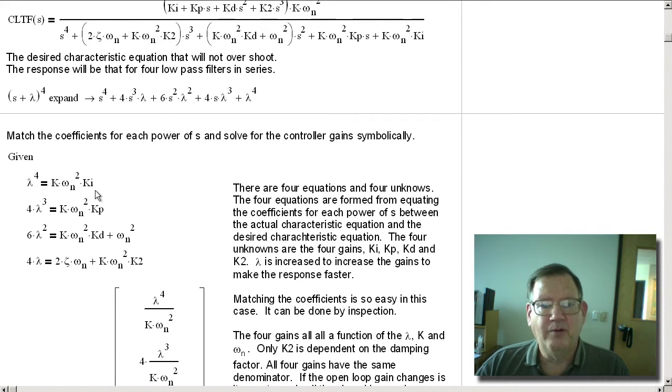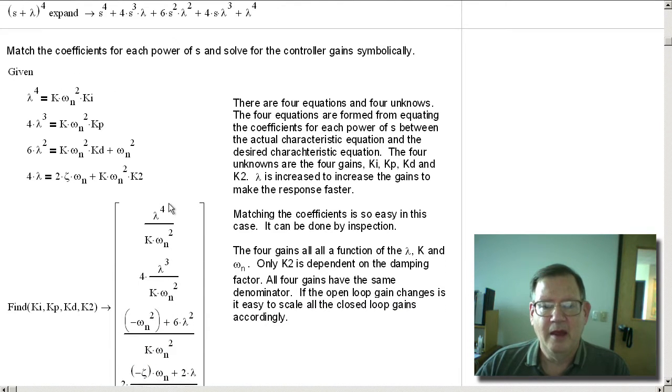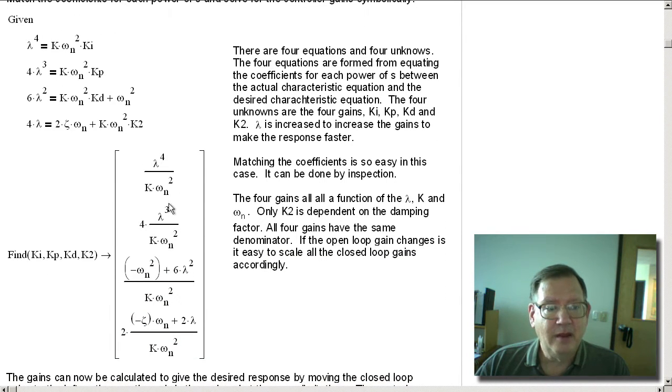So I have 4 equations and 4 unknowns. And this makes it very easy. You can do this by hand, by inspection. I use the equation finder in MathCAD here. So I have ki, kp, kd, and the second derivative gain all in symbolic form. And it's nice to see things in symbolic form.